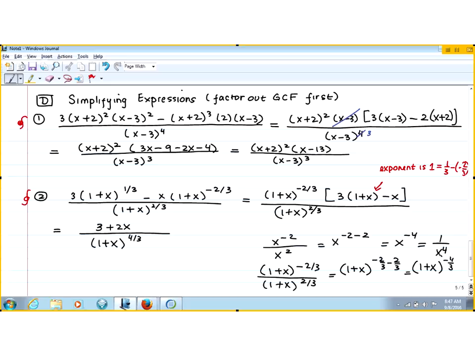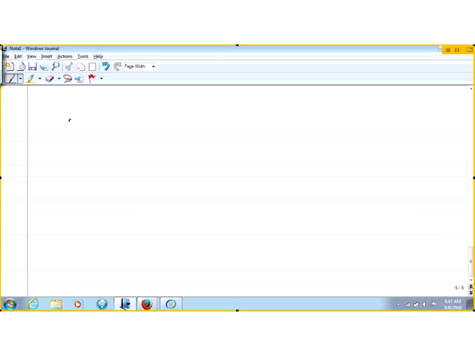Now, for the equations, did Miss Ye talk to you about equations involving radicals? So, did she talk to you about this last time? All right. So, for example, something like this: 2x plus square root of x plus 1 is equal to 8. She didn't have time for that.